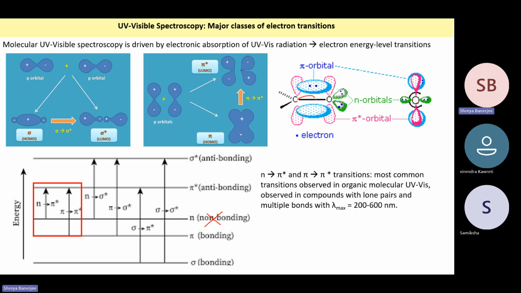Ma'am, so here there is no sigma bond. Actually, sigma bond is also there. It is not shown because you cannot have a pi bond without a sigma bond, right? Whenever you have a double bond, one of these is sigma, one is pi. You cannot have only a pi bond. Here sigma is not shown because they're emphasizing the pi bond.